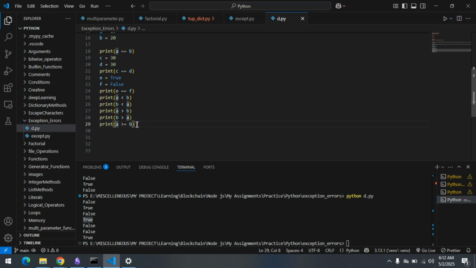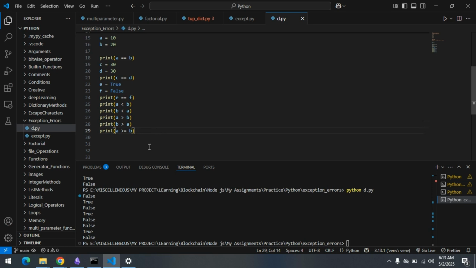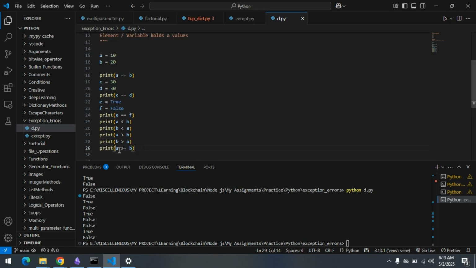Okay, so it's false. Why? Because neither of the comparisons are true because A is less than B, so therefore this becomes false. And then it checks the equal sign. Is it equal? No. So therefore it returns false.